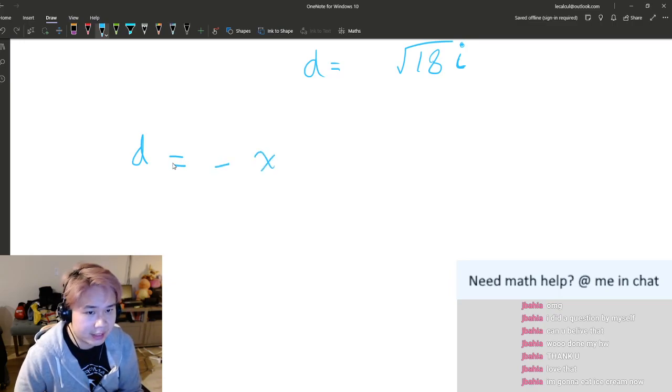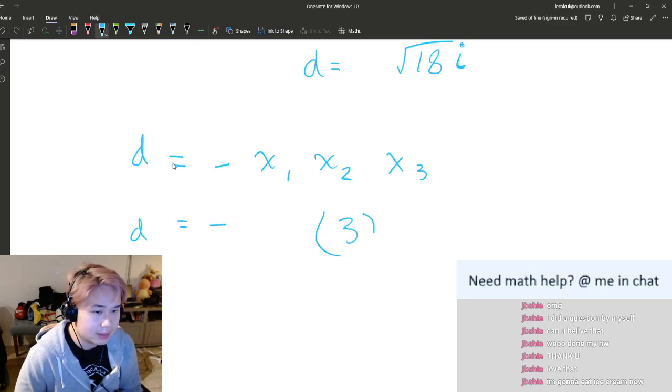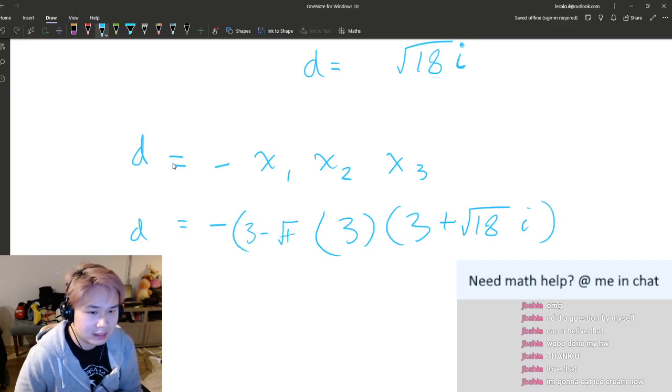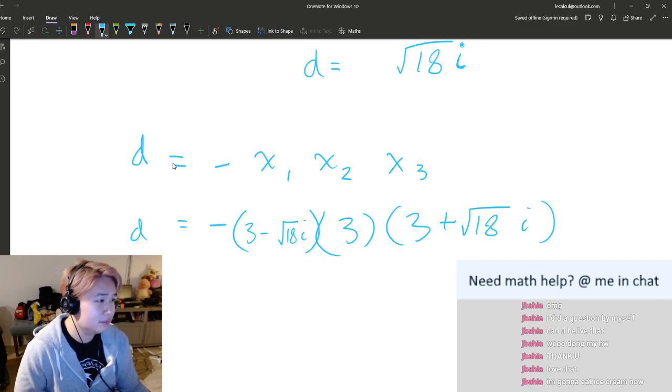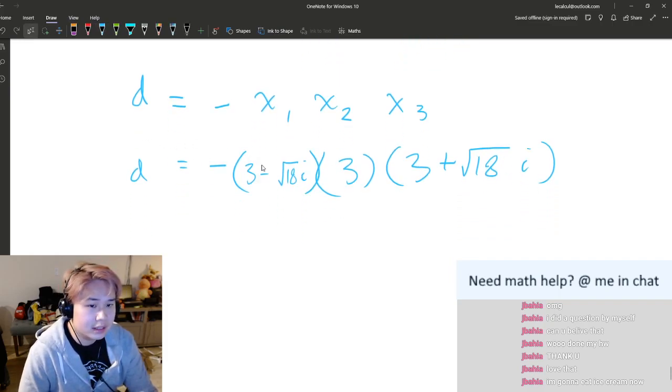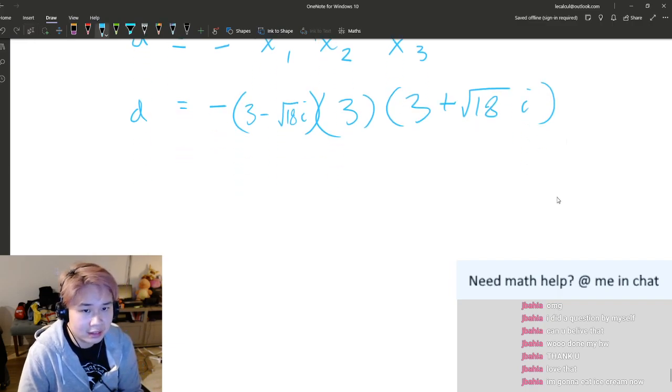So this is x1, x2, and x3. x2 is 3, this is 3 plus root 18i, and this one is 3 minus root 18i. These two are conjugates of each other.